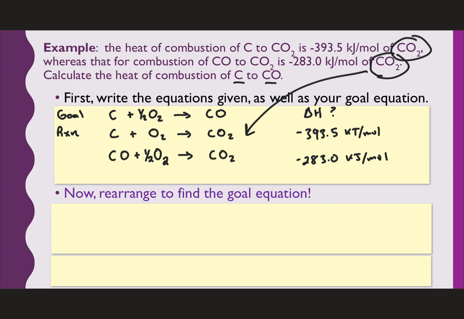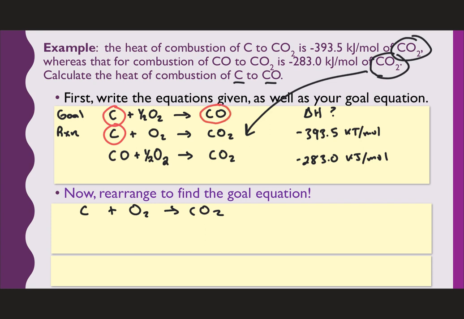Now, let's rearrange to find our common goal. And if I'm looking at the carbons, then I notice that I have a carbon on the same side. So I'm just going to copy down this first equation. Carbon plus O2 yields CO2. And then the next thing that I might look at is the carbon monoxide. Sometimes those oxygens we save for last because they're split.